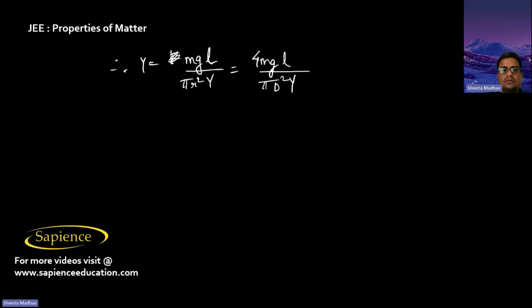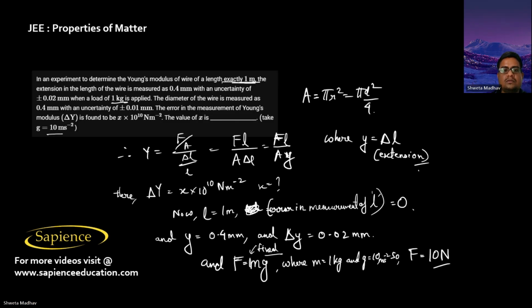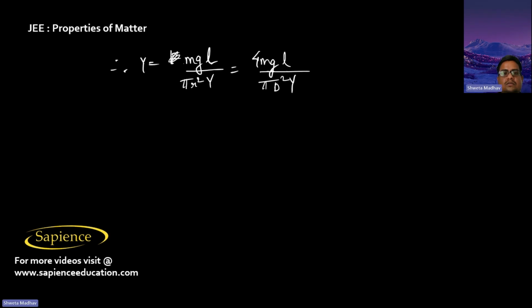Here this is ΔL. So you are saying small y, this is not capital Y. y is the extension, and d is the diameter.